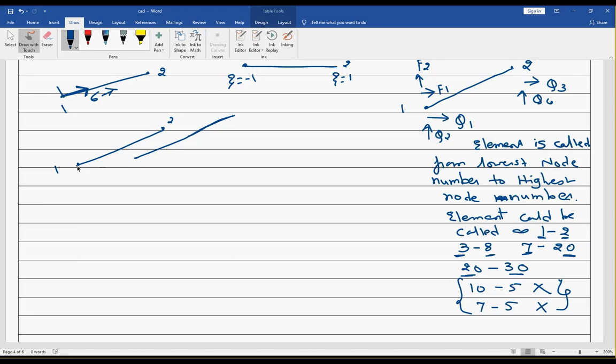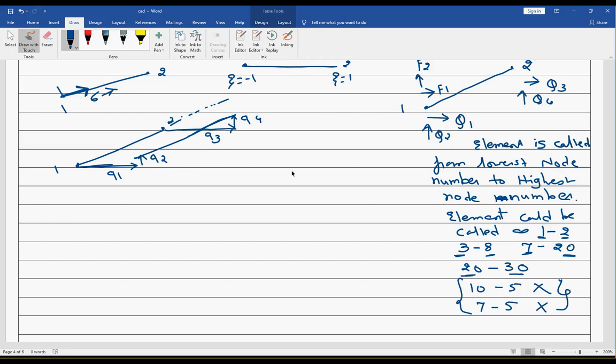So what I can say from this is that it will have Q1 displacement, and then it will have Q2 displacement vertically. Similarly for this, if I extend, this is Q3 displacement and this is Q4 vertical displacement.